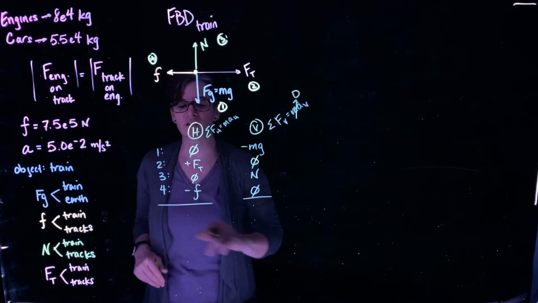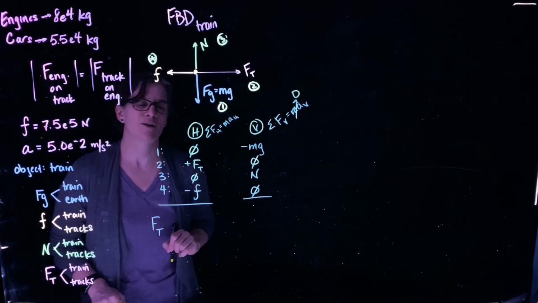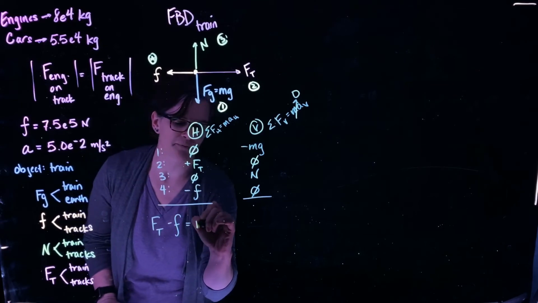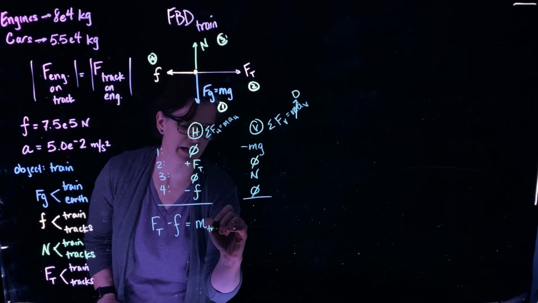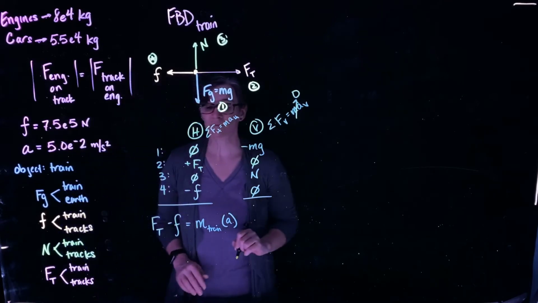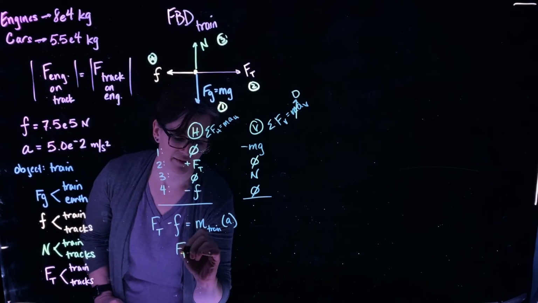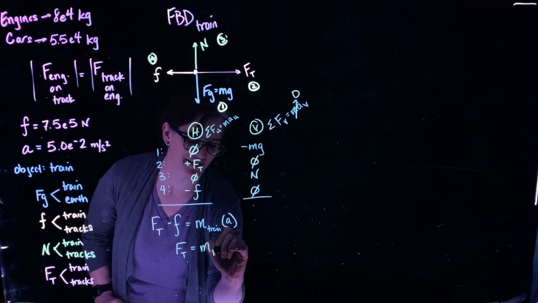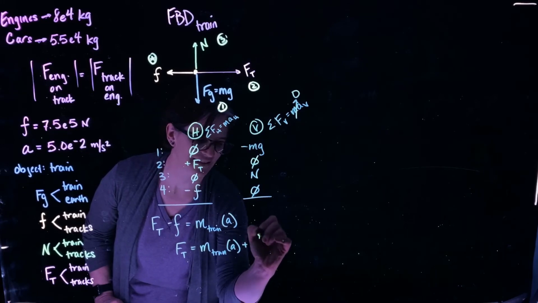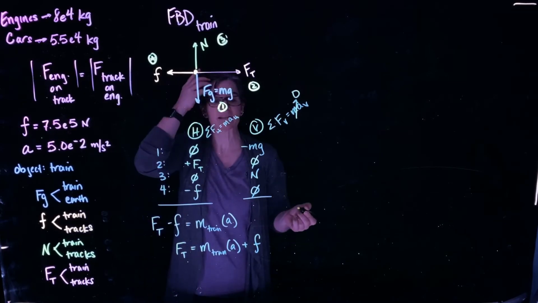So we're going to try to solve for this force of the track on the engine minus the frictional force is going to equal the mass of our train times the acceleration. Well, if I solve for the force by that track, I get the mass of the train times the acceleration plus the frictional force.